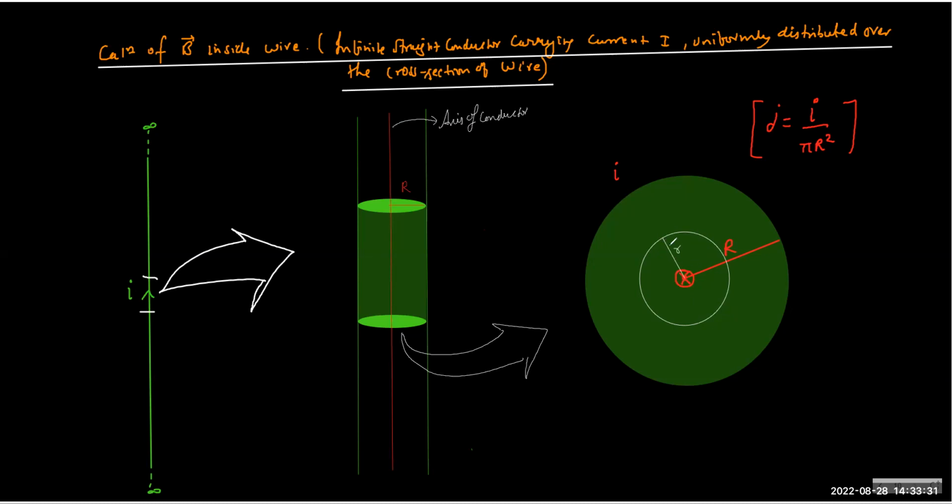Because the current is into the plane, the B at the point will be in which sense? Clockwise, isn't it? Yes, sir. The direction of B vector at this point will be like this.